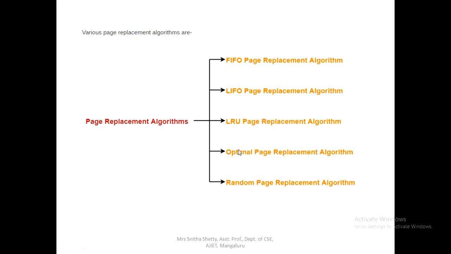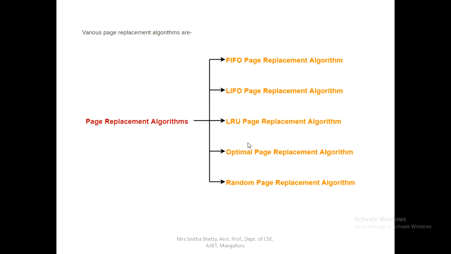Here in the question they asked you to implement two algorithms, the first and the third one. I will be talking about the first and third because this concept will already be covered in the operating system subject, so I will explain the concept just related to this lab program. We need first in first out and least recently used page replacement algorithms.